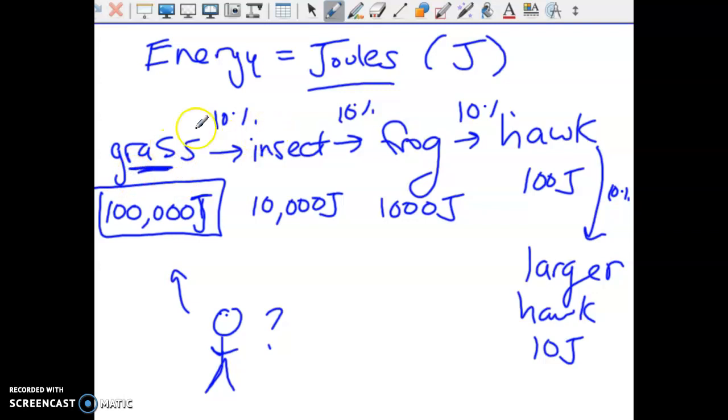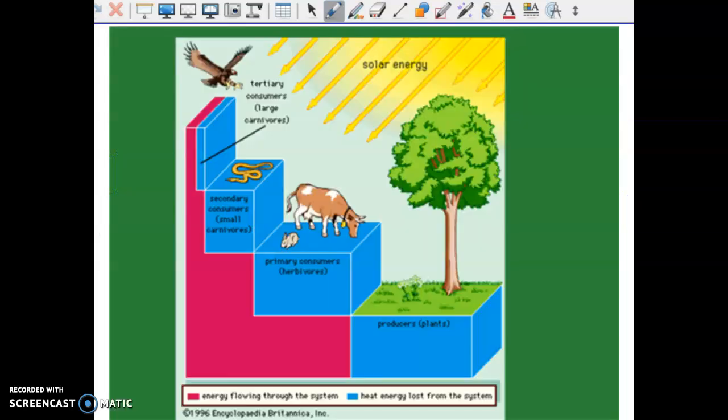But the key there, the magical number to remember is 10%. Only 10% is transferred through each level. So this is just kind of like a visual for you to check out what's happening here. So the producers are getting their energy from the sun. And remember that the food chain continues up through the trophic levels.